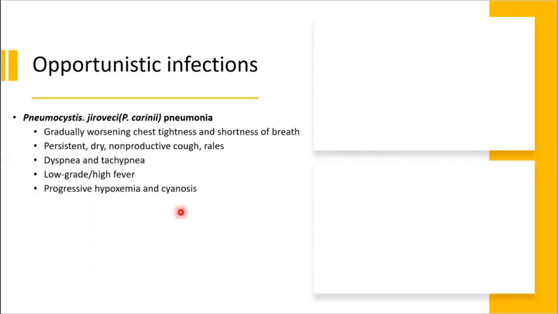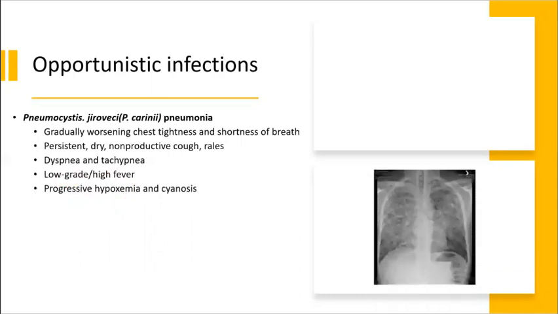So if your client has Pneumocystis pneumonia, you're going to see gradual worsening chest tightness and shortness of breath. There will be persistent dry, non-productive cough, rales, difficulty breathing, tachypnea. They would have low-grade or high fevers. And there will be progressive, so it's getting worse, progressive hypoxemia and cyanosis. So that's what it would look like on a chest x-ray.